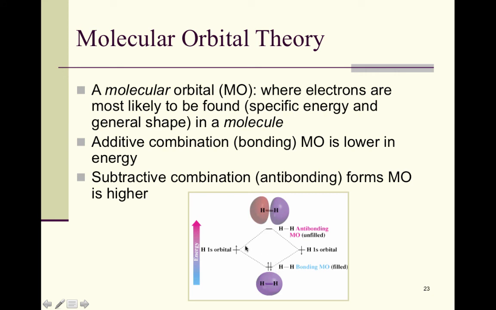If, and you've seen these drawn before, the bond is higher in energy than the original, then it would be anti-bonding or unfilled, and that's not what's going to happen. So anytime we look at a molecular orbital diagram like this, anything that's below the original level is possible for bonding. Anything above it is going to be unfilled and anti-bonding.